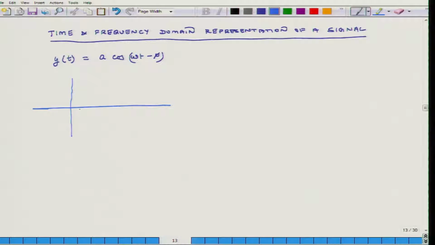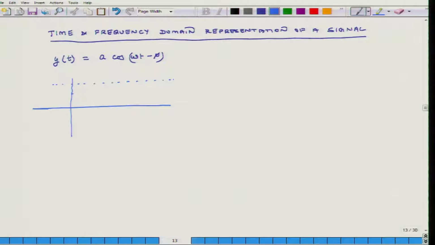So, at time t equals 0, this signal will have a magnitude of a cosine phi. So, it will be somewhere here. Let us say this is the maximum value. The maximum value of this signal will be a.